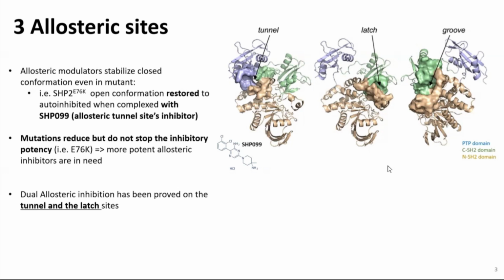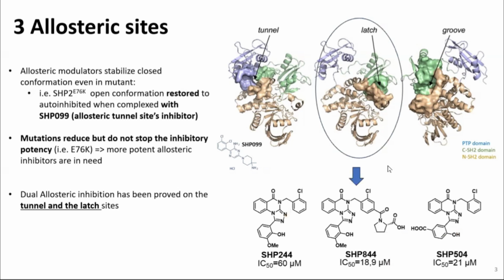So we decided to focus on the less explored latch site, for which just a few papers are available. We started our campaign considering these Novartis non-covalent inhibitors. They were published in a paper where they also demonstrated dual allosteric inhibition, tackling both the tunnel and the latch site at the same time.